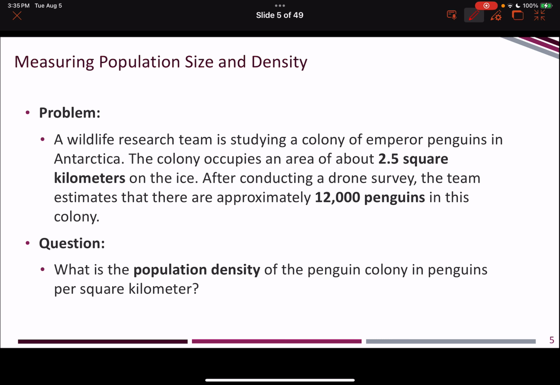So, quick problem here. A wildlife research team is studying a colony of emperor penguins in Antarctica. The colony occupies 2.5 square kilometers, and based on a drone survey, there are approximately 12,000 penguins in this area. So I would like you to pause the video, just do a quick calculation for population density here.